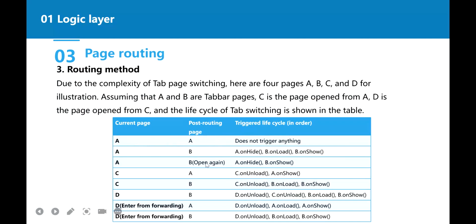Then, if from A we want to go to B, the life cycle triggered will be, for A, onHide, and for B, onLoad and onShow.